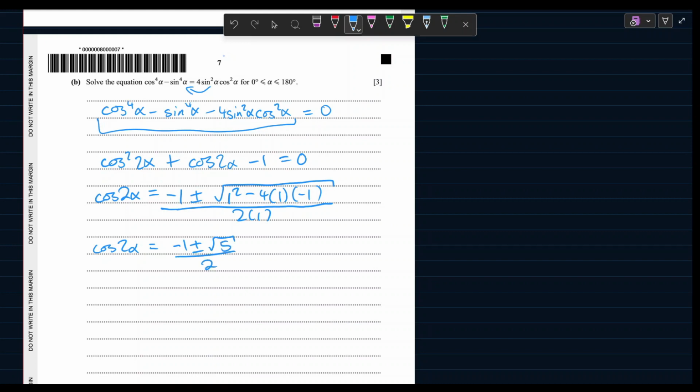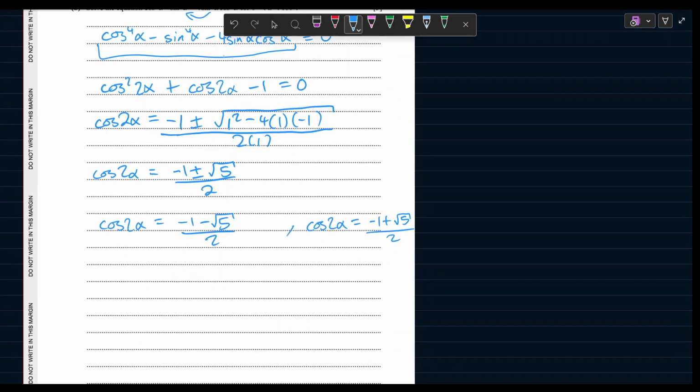All right. So either cos 2 alpha is equal to minus 1 minus root 5 over 2, or cos 2 alpha is equal to minus 1 plus root 5 over 2. And so let's solve each equation separately.